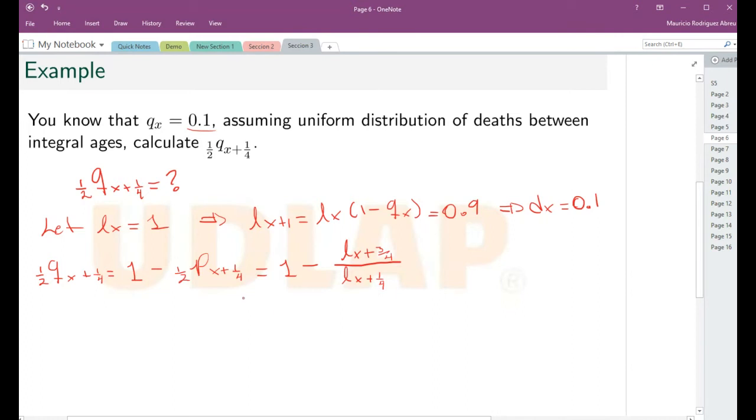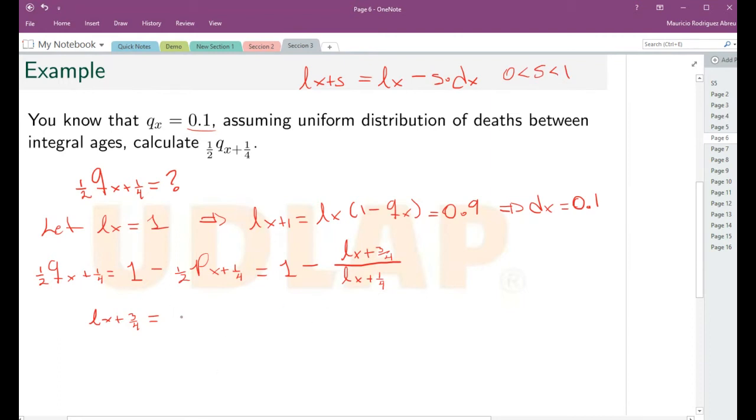Now, according to what we just did, we can estimate this Lx. Remember that Lx plus s x dx. So this is something that we can work with.